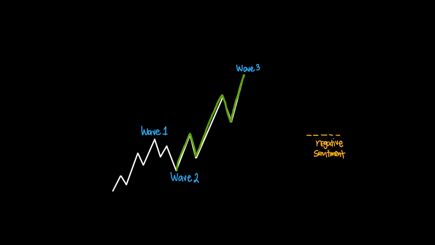In relation to wave 1, a wave 3 advance will typically travel to at least the 1.618 extension, to the 2.618 extension, and as high as even the 4.25 extension and beyond. What do I mean?